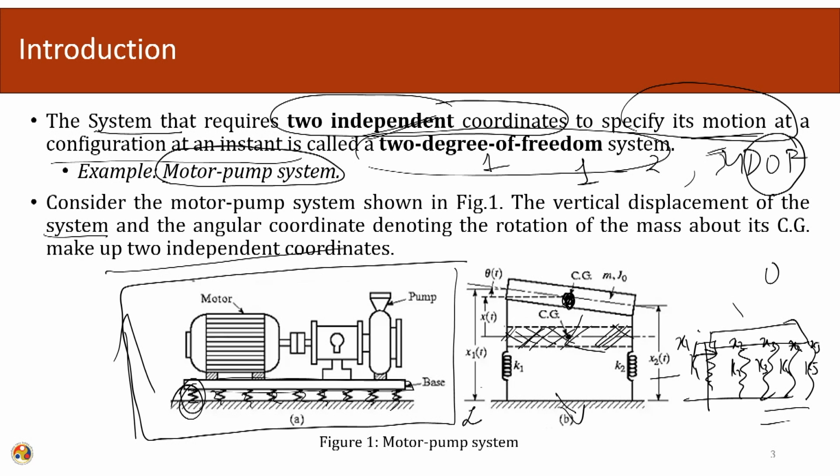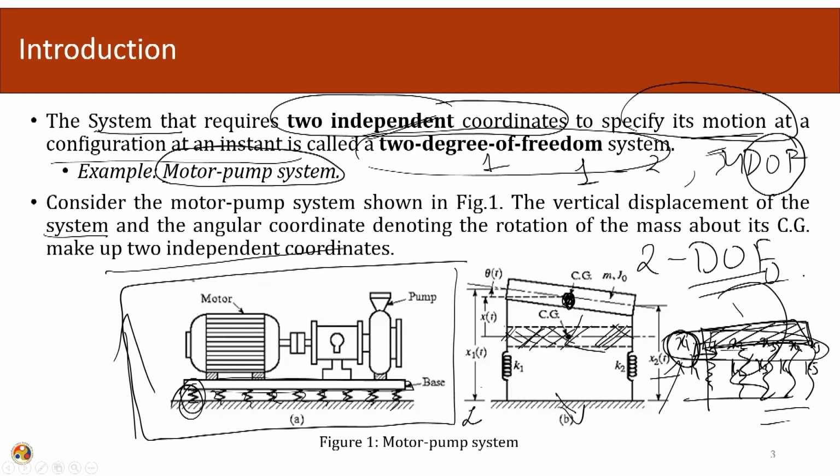But if you look at this mass, this is a rigid mass. So, in principle all x's are related. We need to know only one x in order to describe the motion of the others. So, the independent coordinates are only x1 here and the rotational one. So, it boils down to a 2 degree of freedom system.